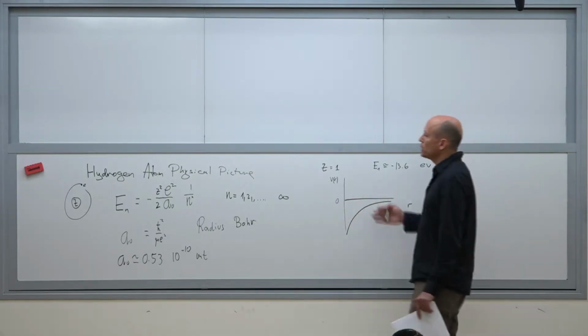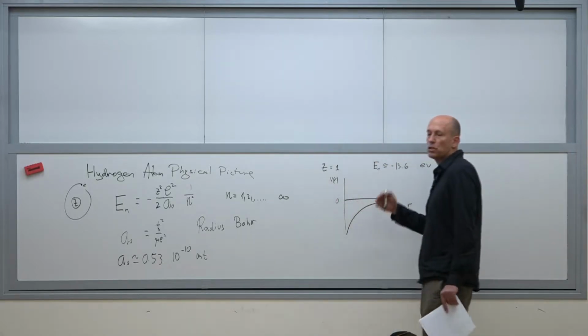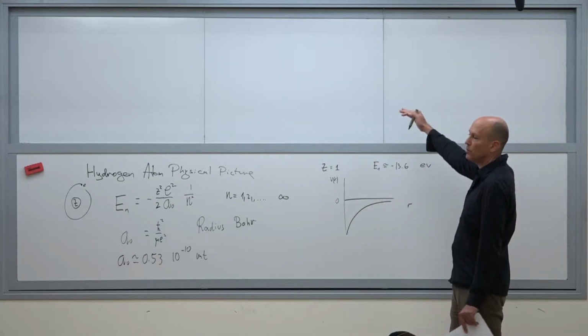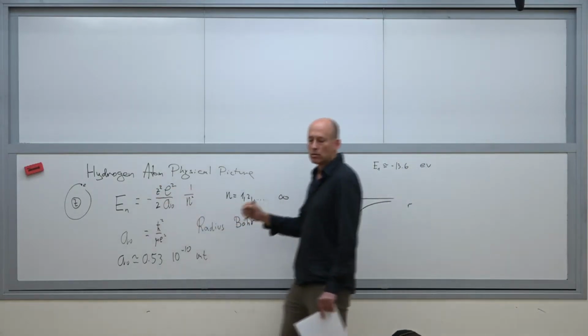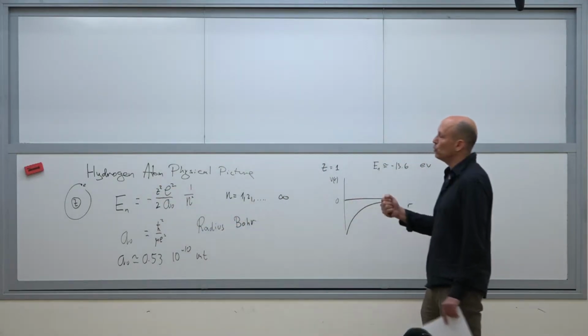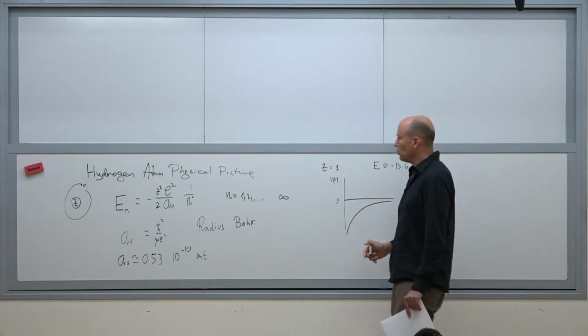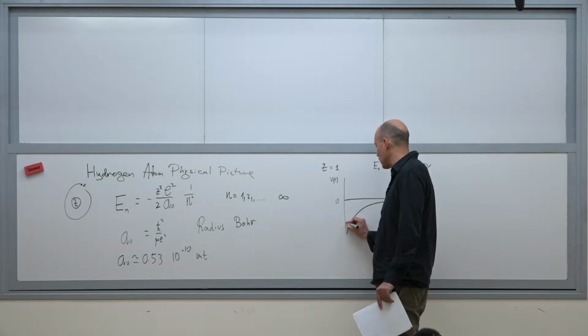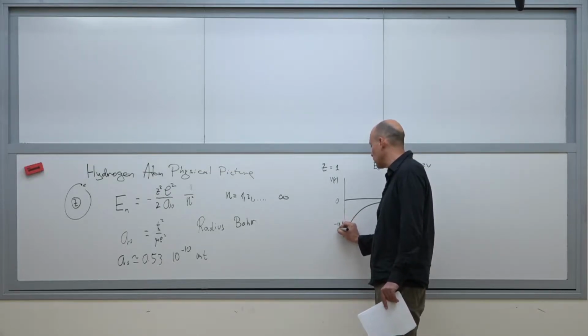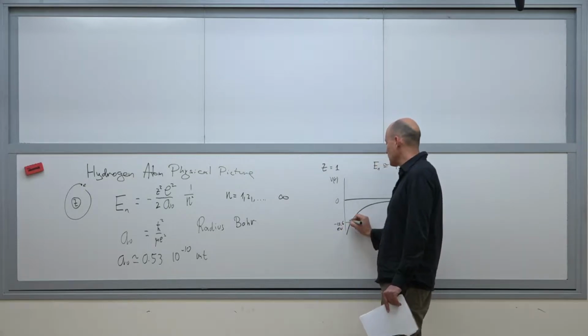By the way, the 0 is just a definition, the definition of the potential at infinity. And that's the meaning of this negative: it is the energy that you need to invest in order to take the system, for example, from the ground state. So this ground state is down here, minus 13.6 electron volt.